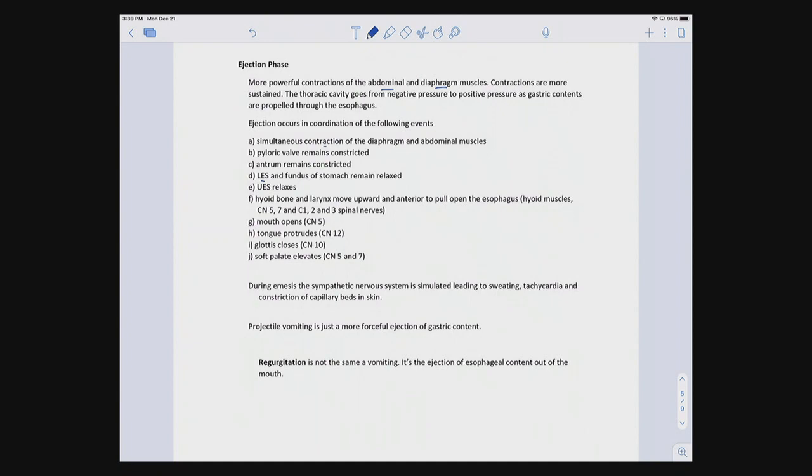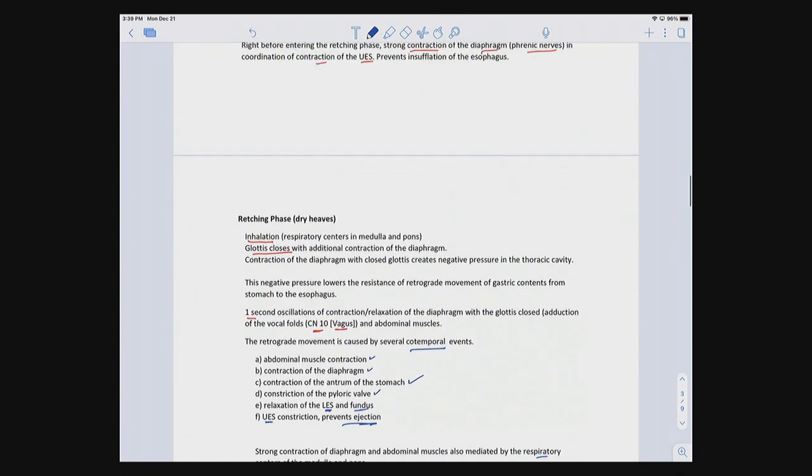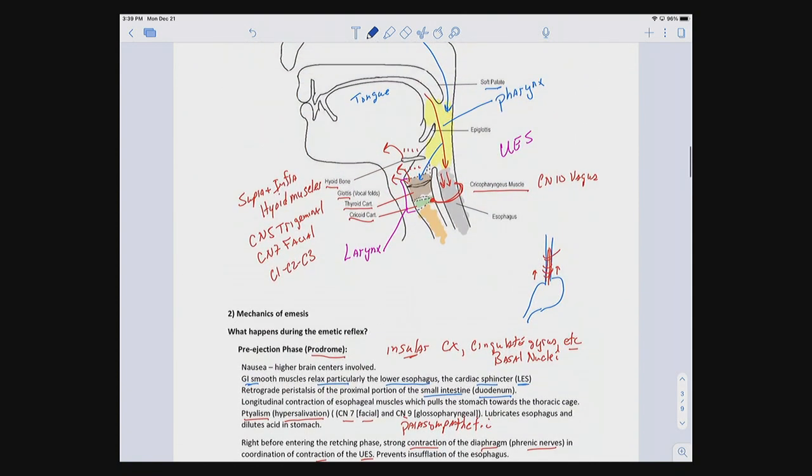Another interesting thing is, remember when we talked about the swallow reflex, where the hyoid bone goes up and forward, and the larynx, the thyroid cartilage, also goes up and forward. During swallowing, all of that apparatus moves up and forward, literally pulling open the esophagus.